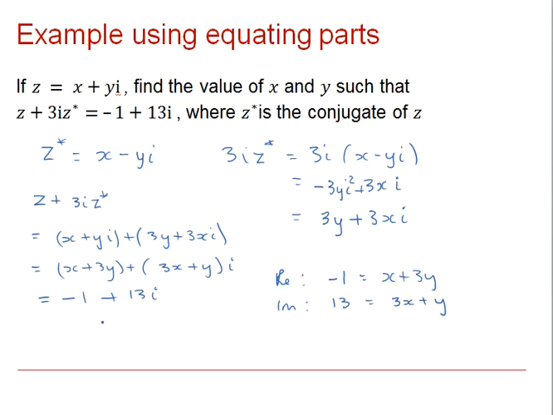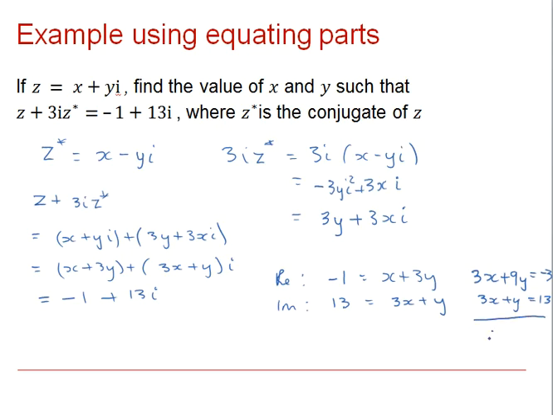And once again, we can solve that by simultaneous equations. I think I'll do it by elimination in this example. So I'm going to multiply that one by 3 and say that's 3x plus 9y equals minus 3. And then that one's going to be just 3x plus y equals 13.